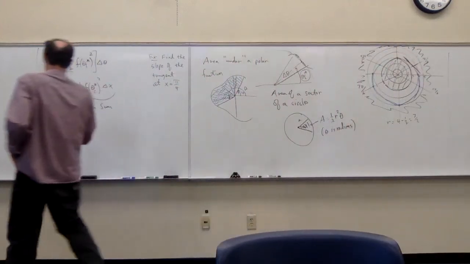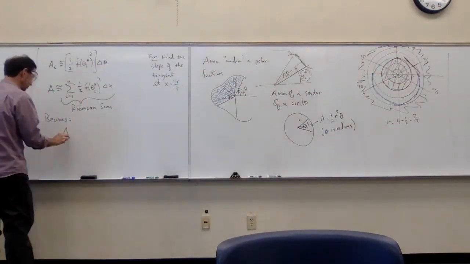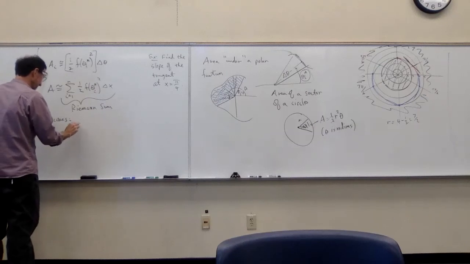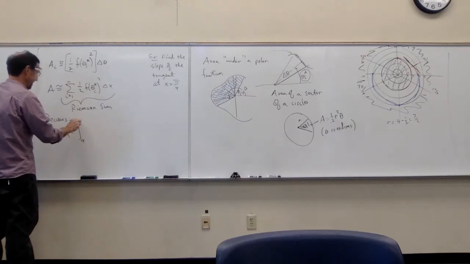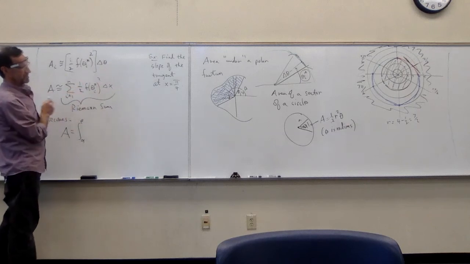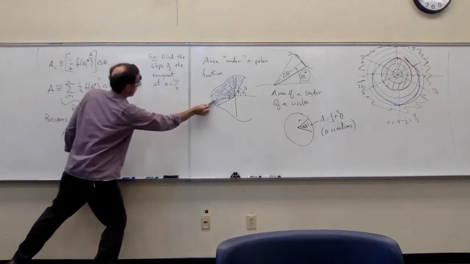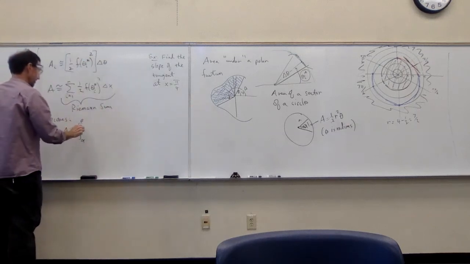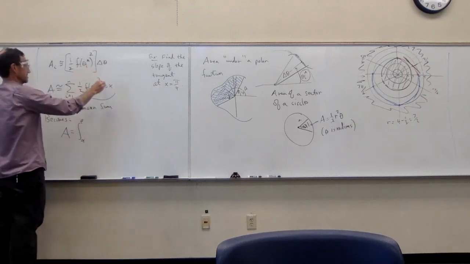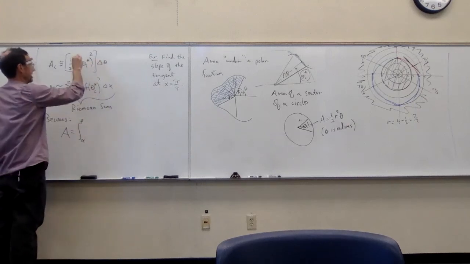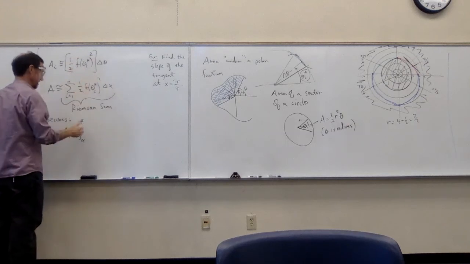And therefore, we get the area is exactly equal to the integral from alpha to beta, shown in this picture. The function, you know, next to the delta theta, between the segment and the delta theta, it's 1/2 f of theta squared.